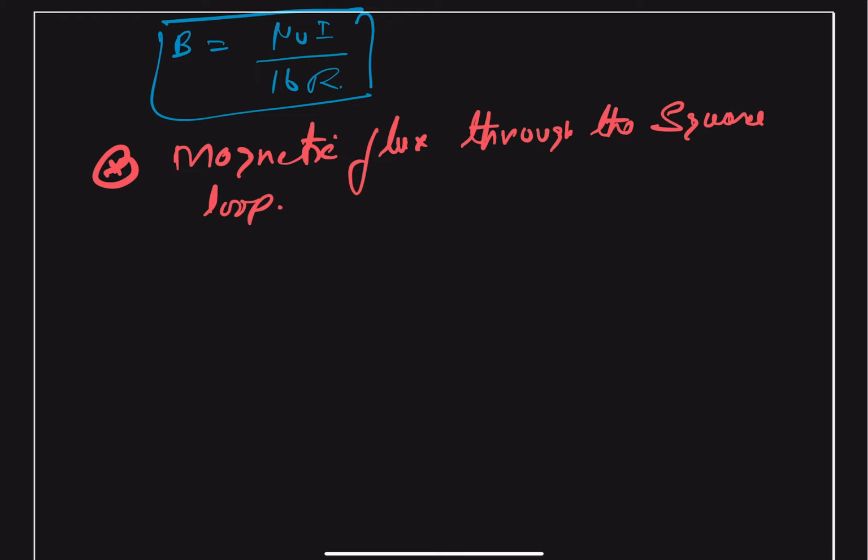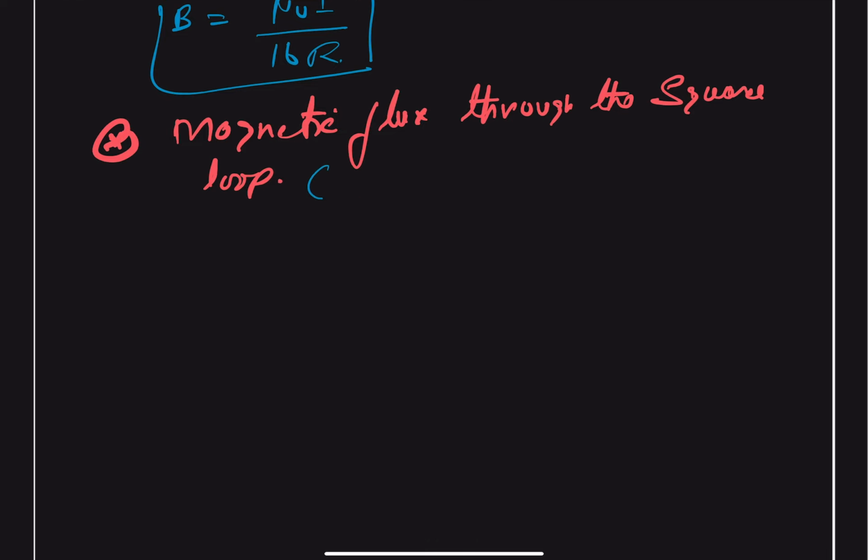The number of turns of the square loop is given as 2.